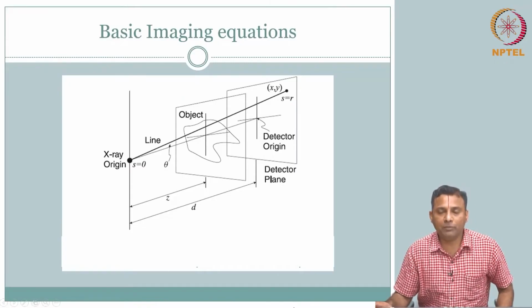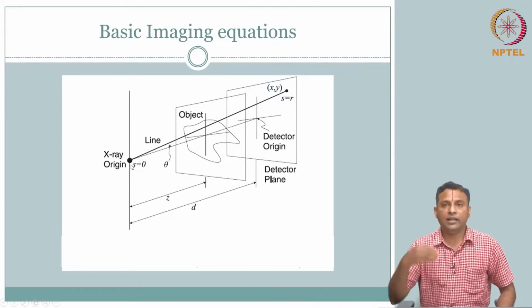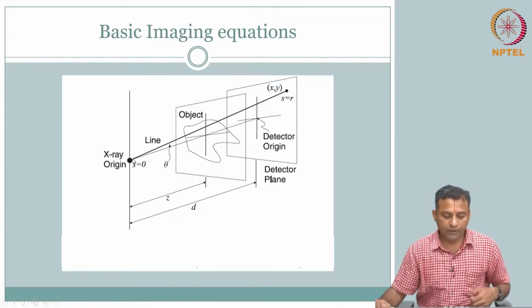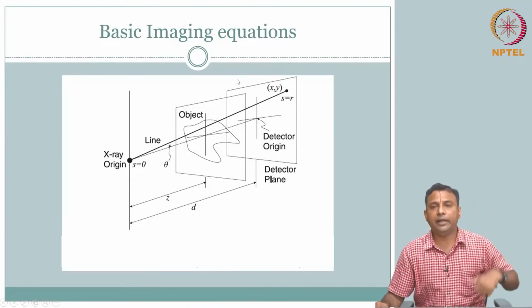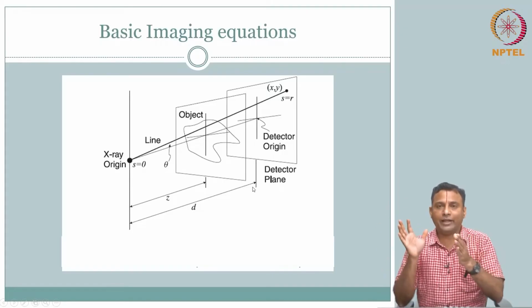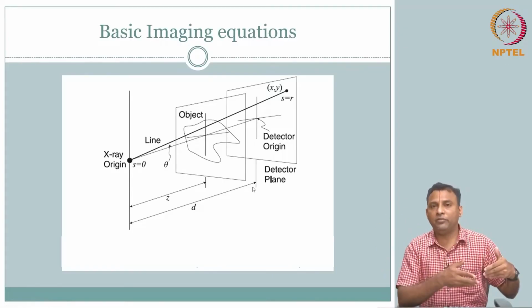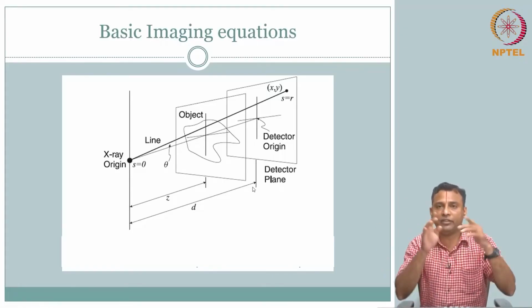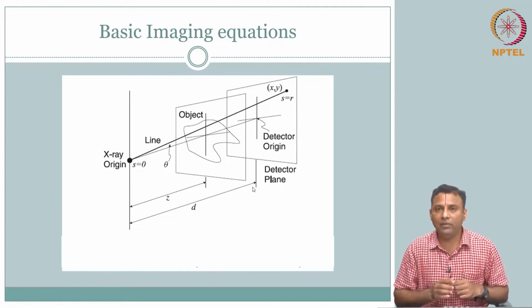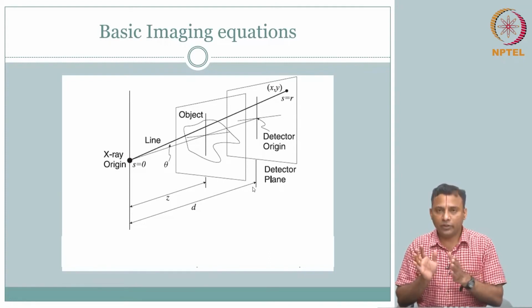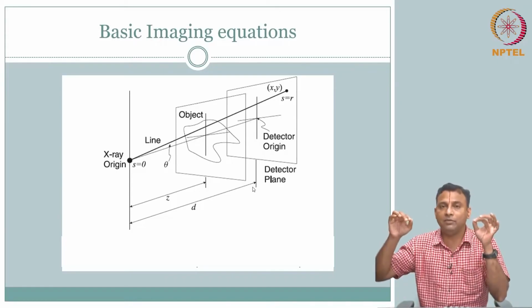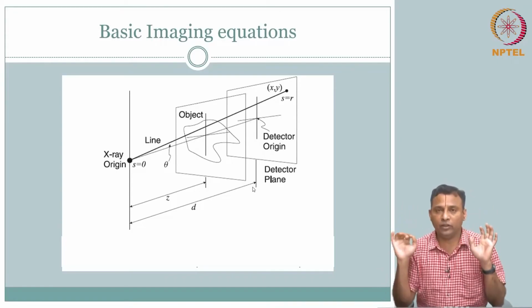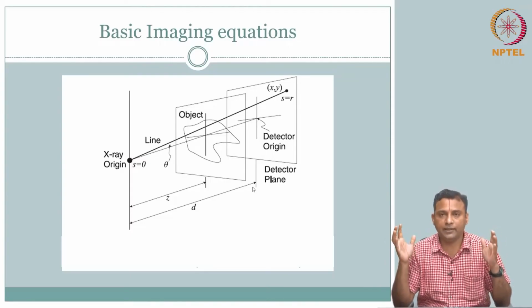So when we talk about image formation, what you already know from physics is that we are going to deal with a source, an object, and a detector behind. Whatever you capture on the detector, if it is going to be your X-ray film, the doctor is going to see that as an image in light and make a diagnosis.